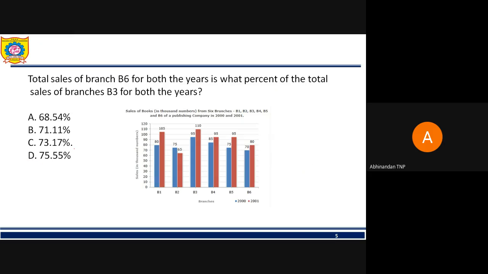Okay, go for next. Now, the second question is in the form of percent. If you are very good in average, percent, ratio and proportion, it is easy to find the answer.